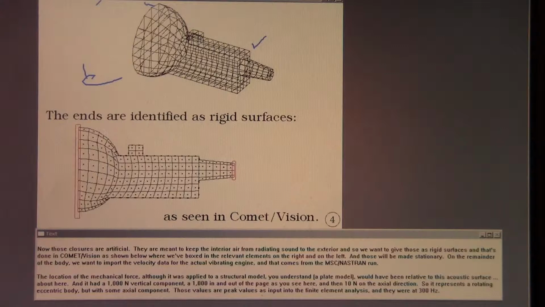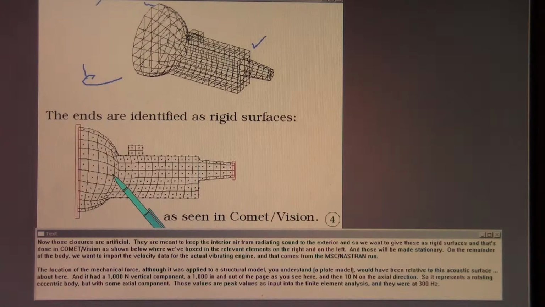The location of the mechanical force, although it was applied to a structural model, you understand, a plate model, would have been relative to this acoustic surface, would have been about here. And it had 1,000 newtons vertical component, 1,000 in and out of the page, as you see here, and then 10 newtons on the axial direction.